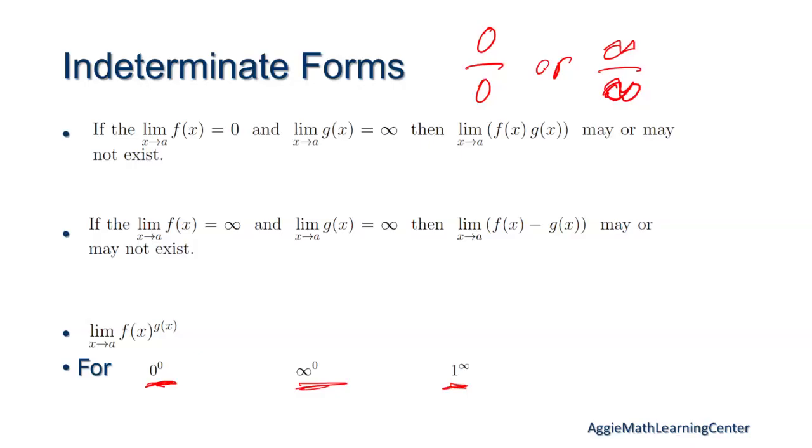That's why we call them indeterminate. Whenever you evaluate these limits, if they go into that, the limit may or may not still exist. More specifically, you get these 3 when you evaluate a limit as x approaches a of a function to another function's power.